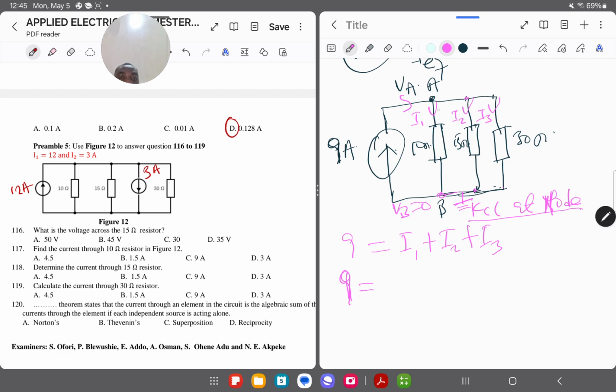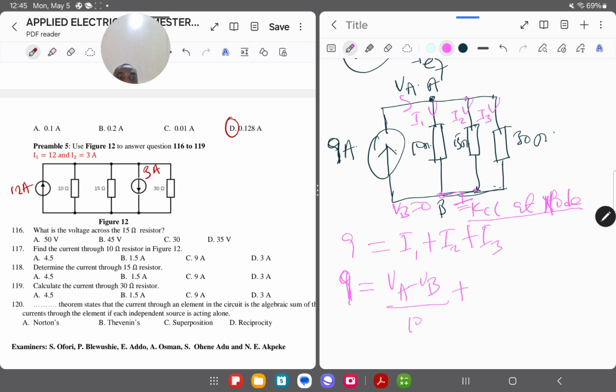So with this, you can see the direction of the current. I1 is moving from node A to node B. So where it starts from is the higher potential. So I can write I1 to be what? VA minus VB, and the resistor between the two nodes, we have 10 ohms.